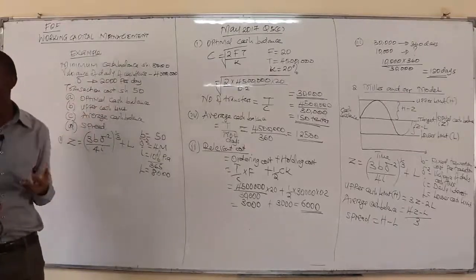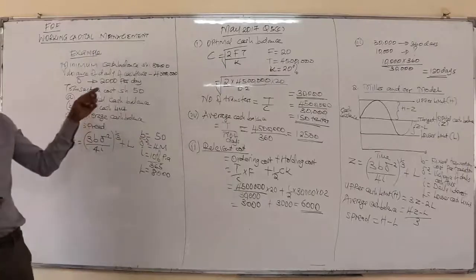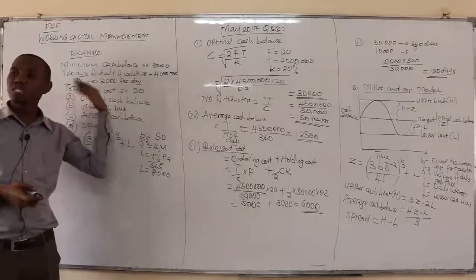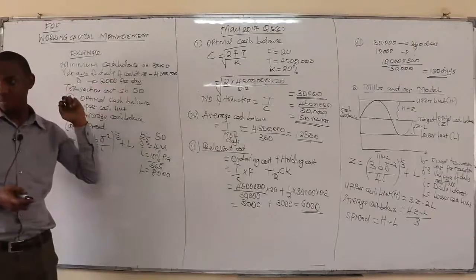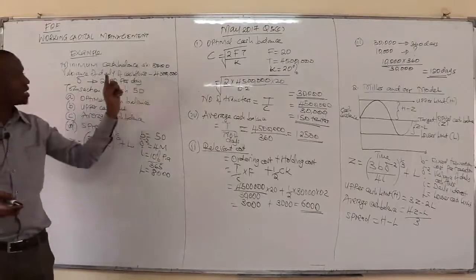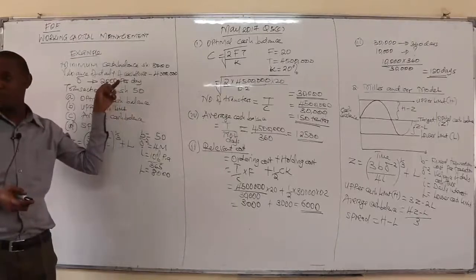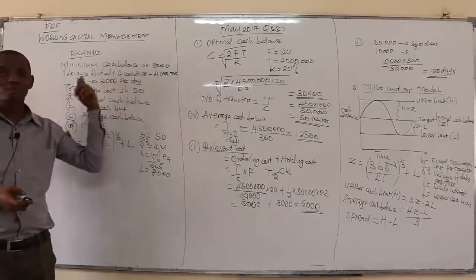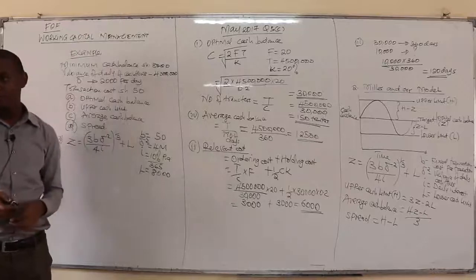They wanted to confuse you so that you fail to know which one to use. But in that case, you are supposed to use the variance, which is just the square of this one. If you square 2,000, you just get 4 million.